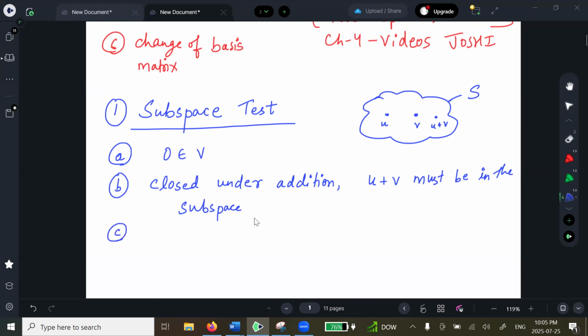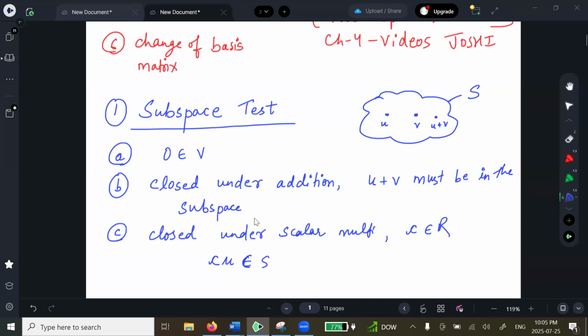Last thing, it should be closed under scalar multiplication. Why do we use the word closed? Because we want to prove that this is closed, nothing is going to run out. So, closed under scalar multiplication. For any real number or scalar, if U is in the subspace, then C times U must belong to the subspace.